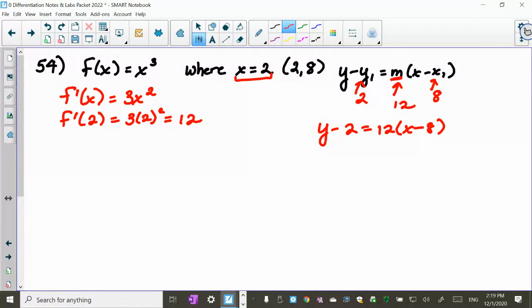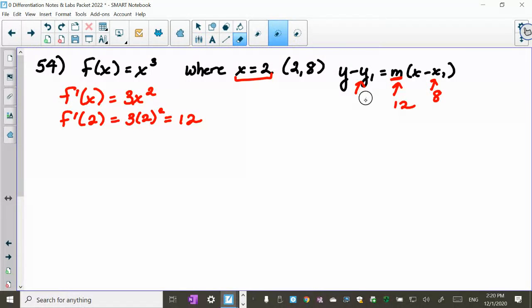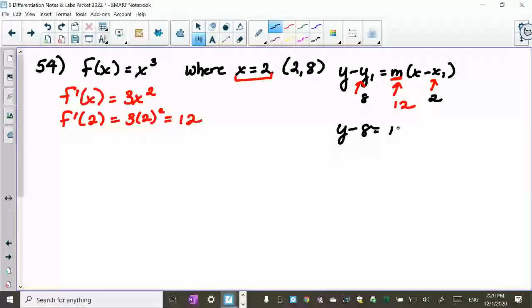And I have those backwards. That's not right. Let me go through. I just did that backwards. That's what happens when I think I'm rushing. I'm sorry about that. So now the 2 goes here, and the 8 goes here. So I have y minus 8 equals 12 times x minus 2, and then y equals 12 times x minus 2 plus 8.